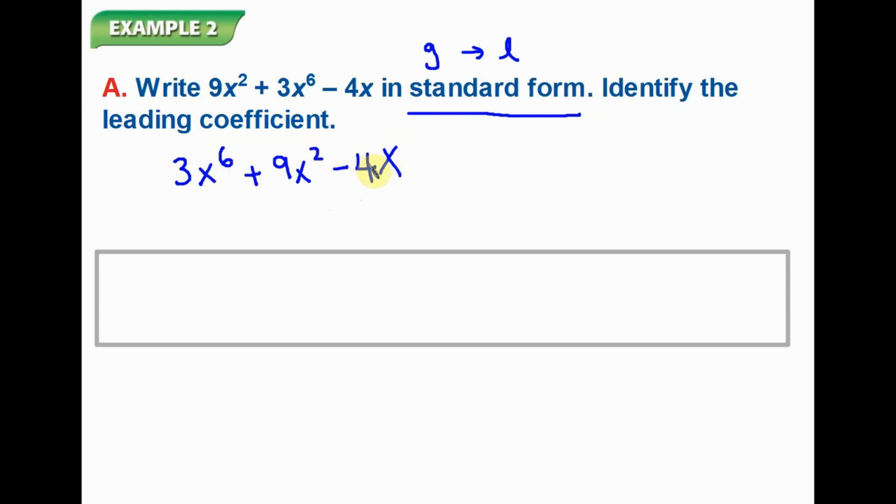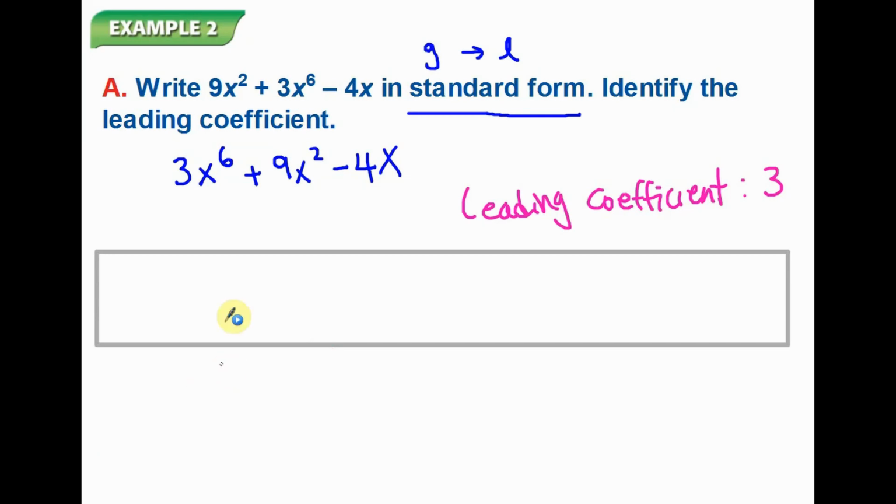So this is the standard form. I have the highest degree to the lowest degree. Now, when they're asking you to identify the leading coefficient, in general the coefficient means the number in front of the variable. When I call it the leading coefficient, I'm looking for the number that's at the very front. So in this case, my leading coefficient is equal to 3.